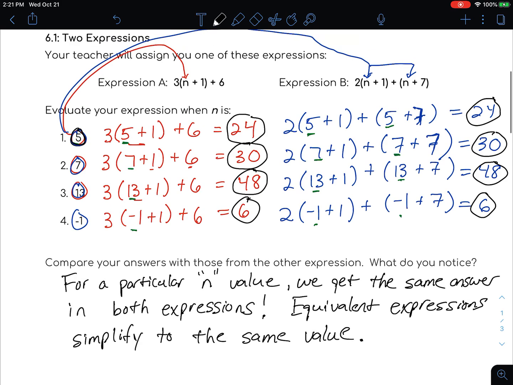All right, so we know these are equivalent to each other, expression A and expression B, because when we substitute in a value for n, we get the same answer for both of them. So equivalent expressions simplify to the same value, or they give the same answer when we substitute in a value for the variable. So even though they look different at first, they're actually producing the same result. So that means that they are equivalent.